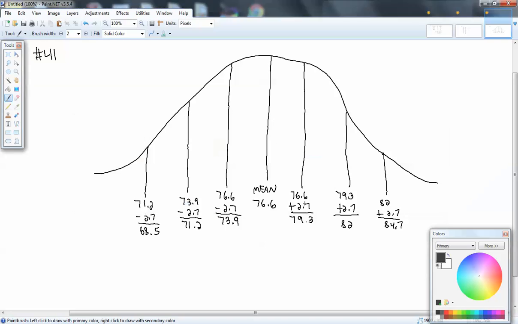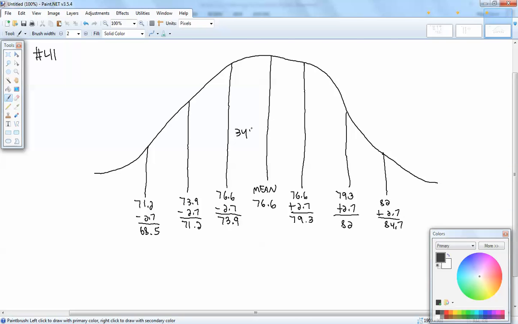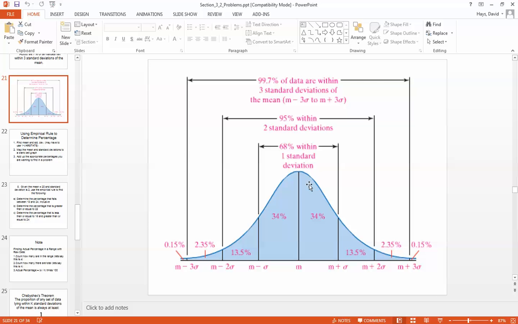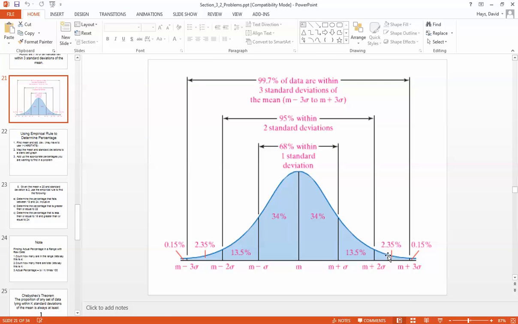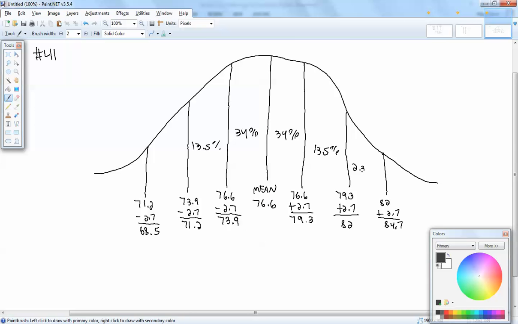So for our picture, this will be 34%, and this will be 34%. Then 13.5% and 13.5%, 2.35%, and this is 2.35%, and then this will be 0.15%. So this is our setup for this problem.